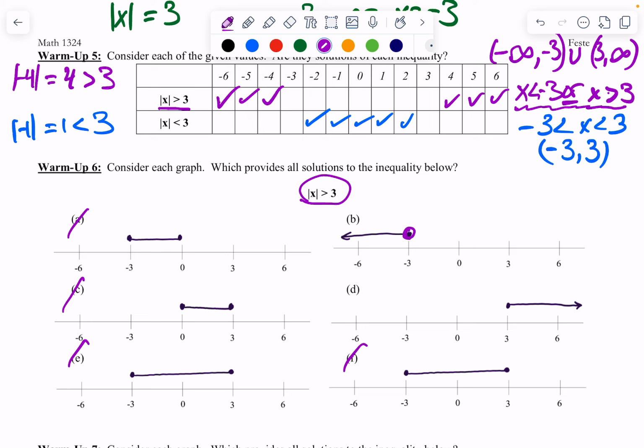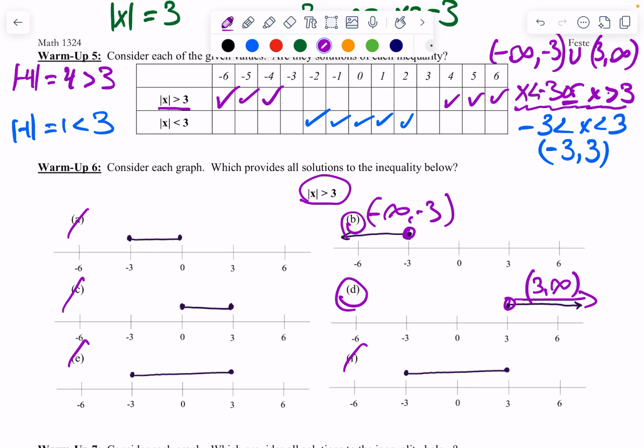So this part is the one where it's negative infinity to -3. Now, D, again, it should be an open circle and it's going from 3 to infinity. So this is the other part that we've got, 3 to infinity. So actually, we need a combination of B and D as the answer for this one.